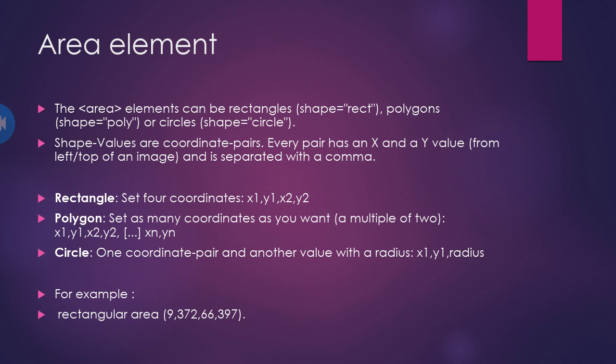In the circle you have three values: x-axis, y-axis and radius. Now I have taken an example of a rectangle. If you use a rectangular area, you write the coordinates as follows. Here 9 is x1, 372 is y1, 66 is x2, 397 is y2.